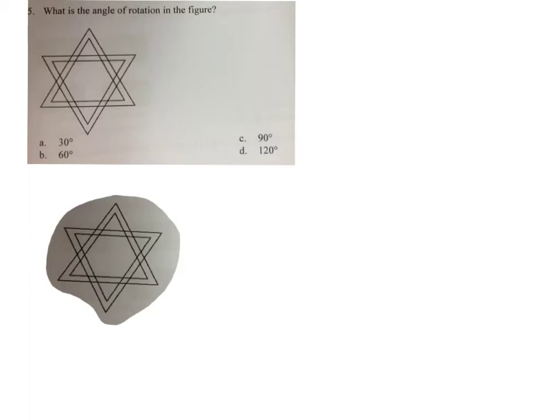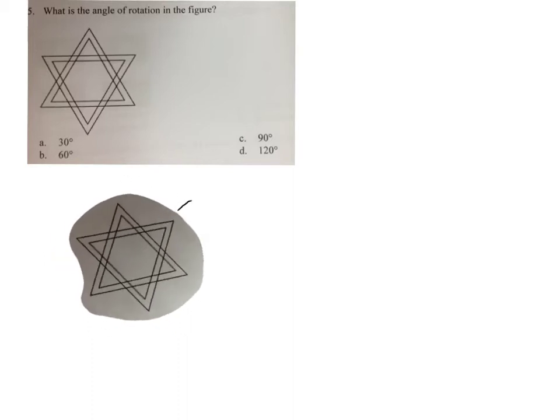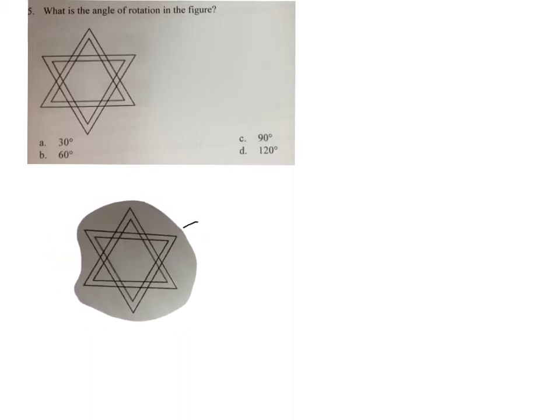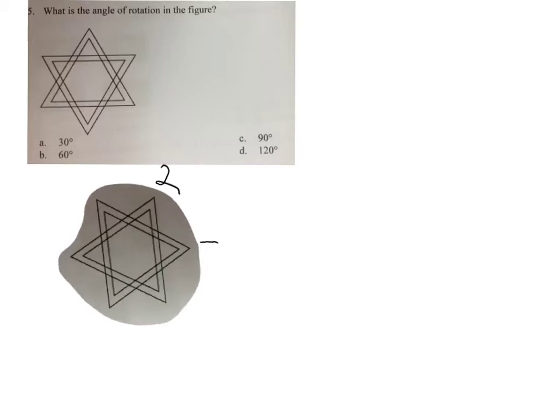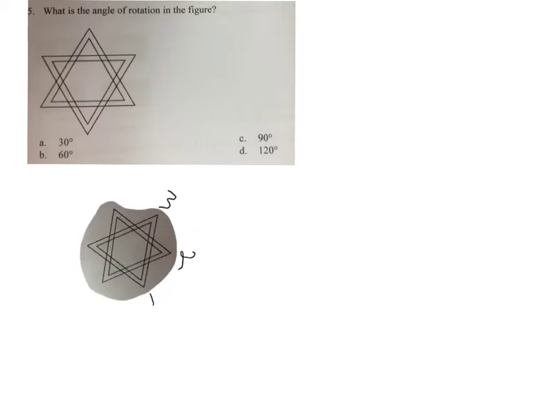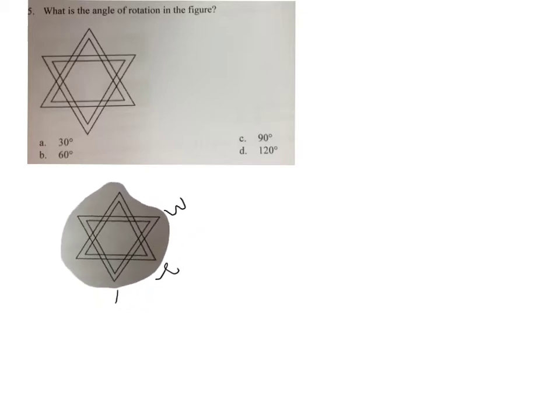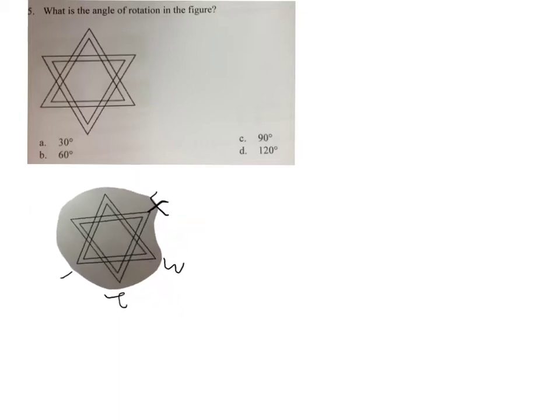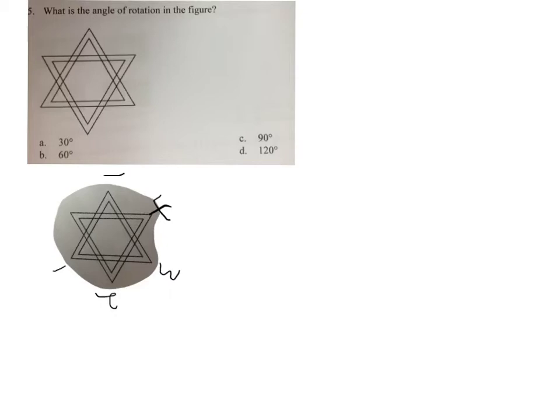Okay. So here we have 1. And then if we spin it over, we will have 2. Spin it again, then we'll have 3. Spin it again, see how it would be on itself, then we'd have 4. Spin it again, then we'd have 5.